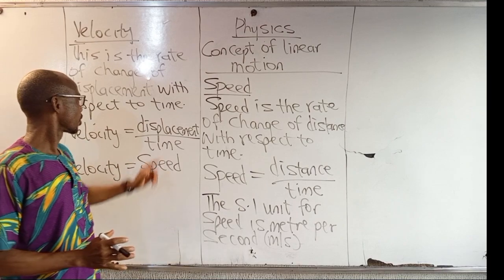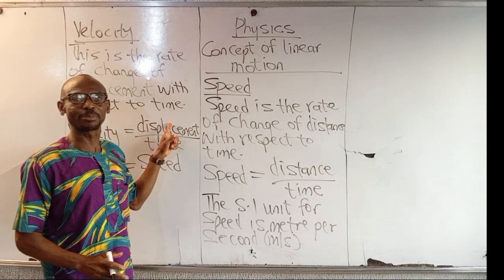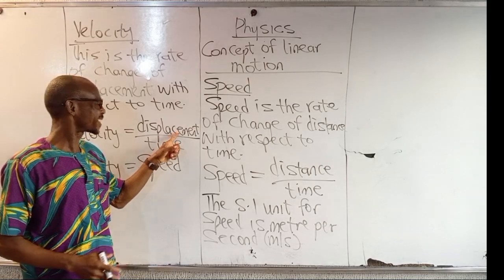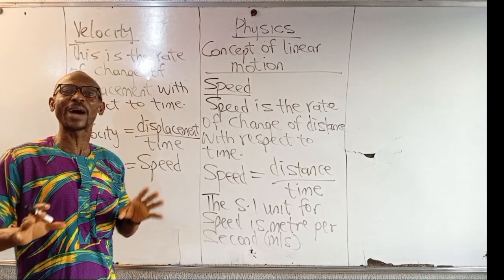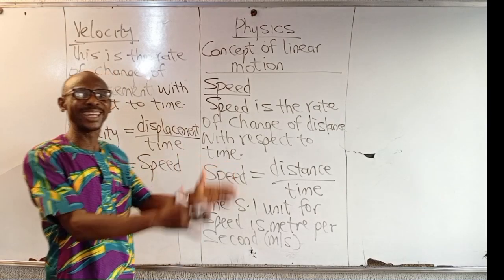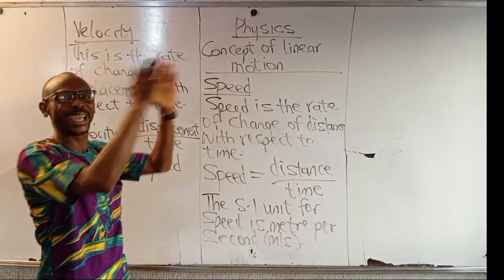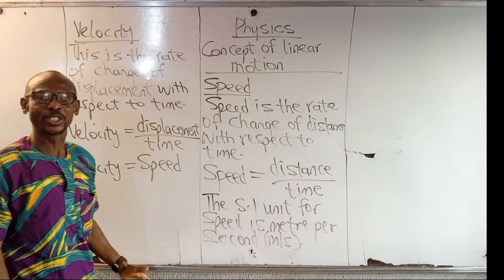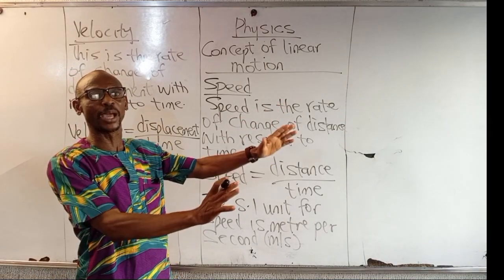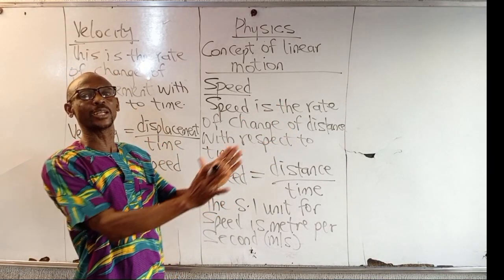One is because, what is displacement? Displacement is distance moved in a specified direction. And since we are considering linear motion, all of them are in the same straight line. So both distance and displacement are now equal in what?